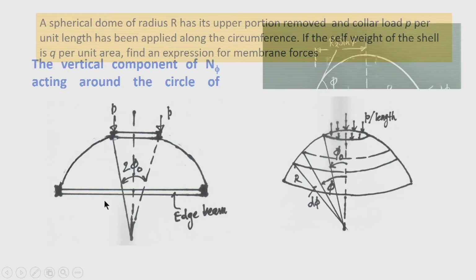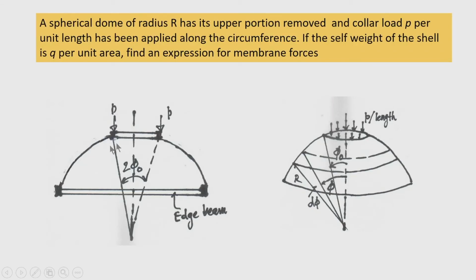Okay. So, let us consider one such problem. Sometimes a shell has a discontinuity, meaning it has an opening at the top, which is adopted for the entry of light, and a light structure is constructed over this, and the load is transferred by an H beam.